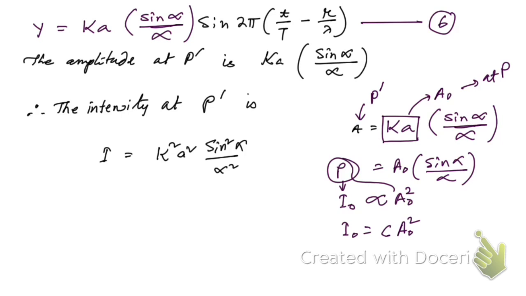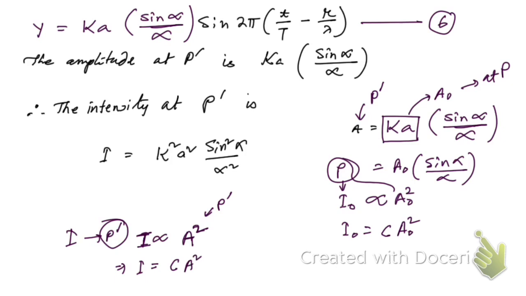Then again, the intensity I at P dash must be proportional to the square of the resultant amplitude at the point P dash, not P actually. Then if we write equal, we put the same constant and the value of A square, and we get C A naught square sine alpha by alpha, right?